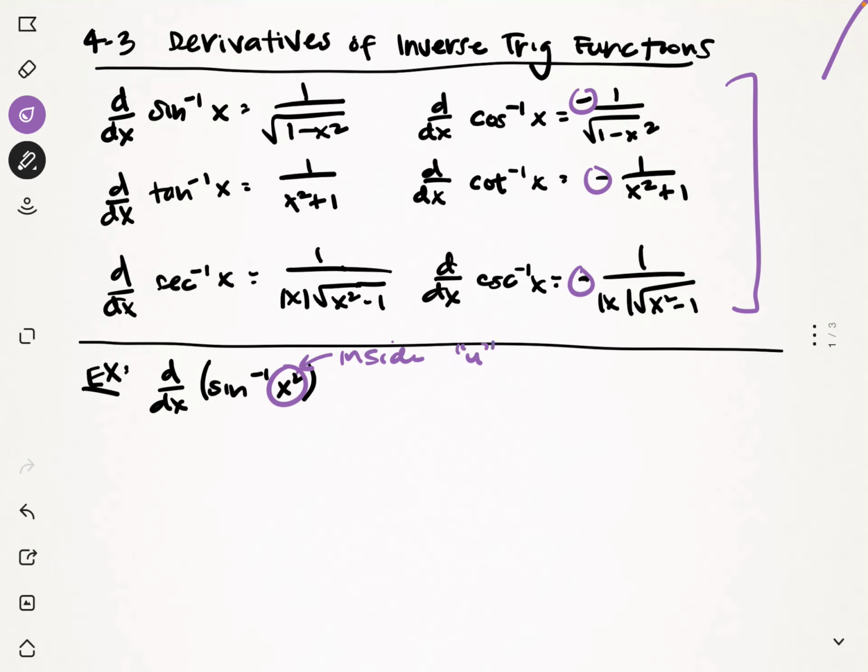Our u is the placeholder for any function that could be plugged in there. So when we do this, we're going to do the sine inverse: 1 over the square root of 1 minus x squared.